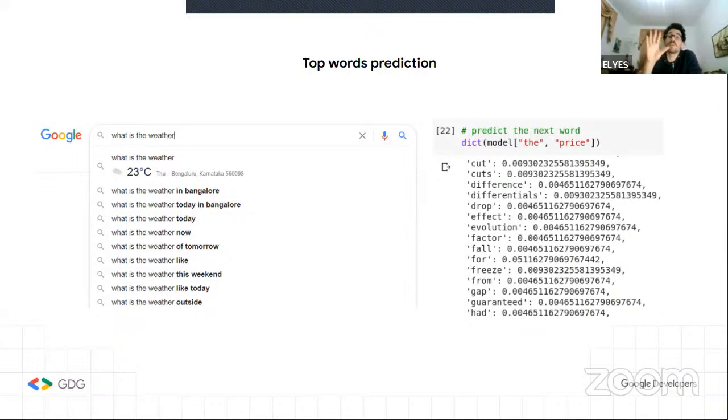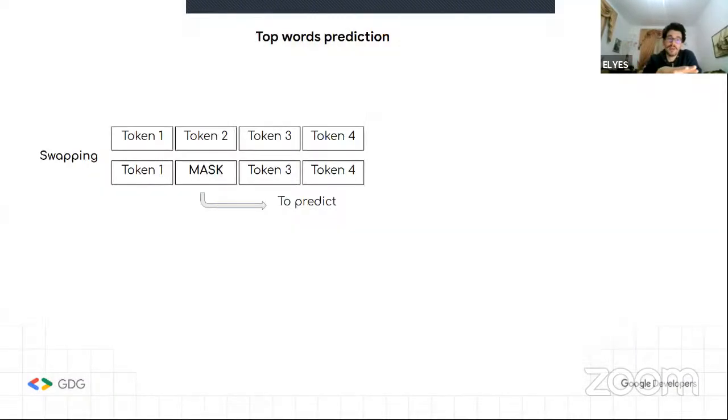Well, first we need a pre-trained model in a certain language, and then we can either do swapping, which means we take a random word. The word in NLP is called a token. So if you have a sentence with 4 tokens or 4 words, we randomly choose a token, then we mask the token and tell the model to autocomplete, to fill in the blanks with suggestions.